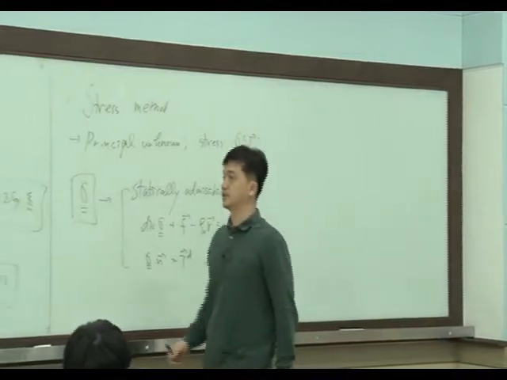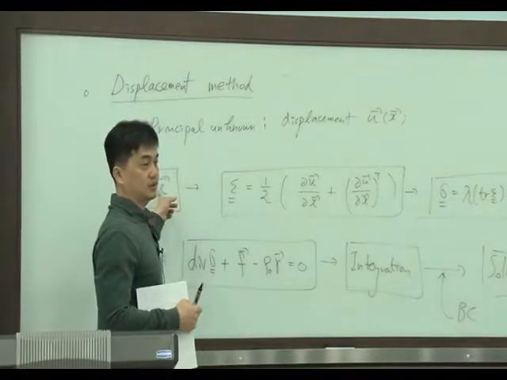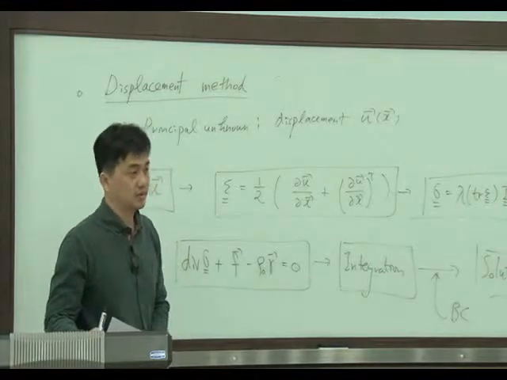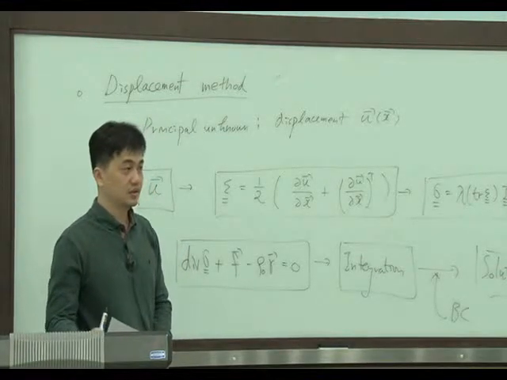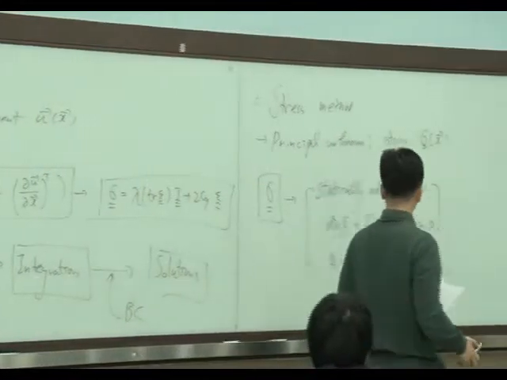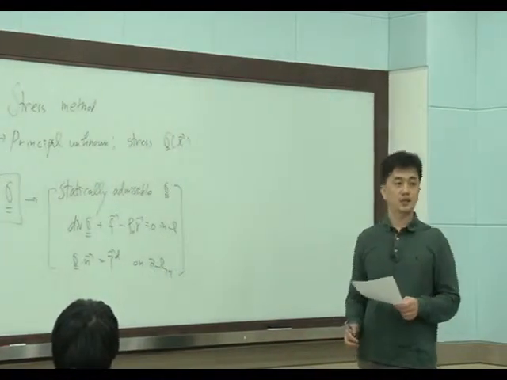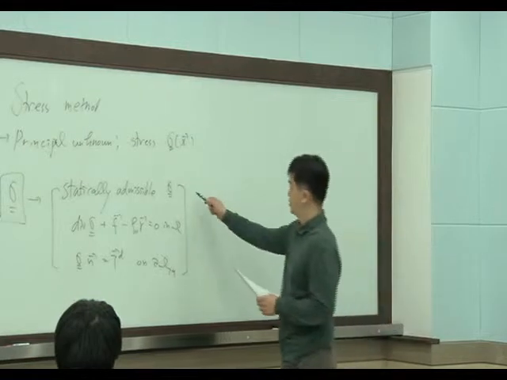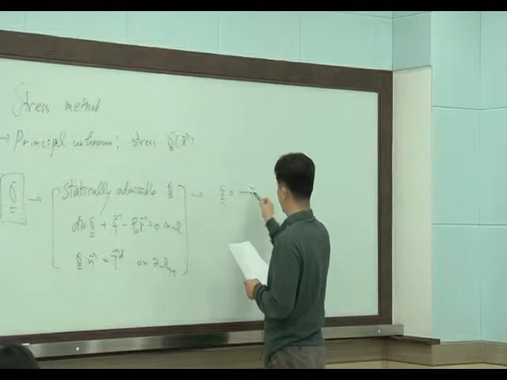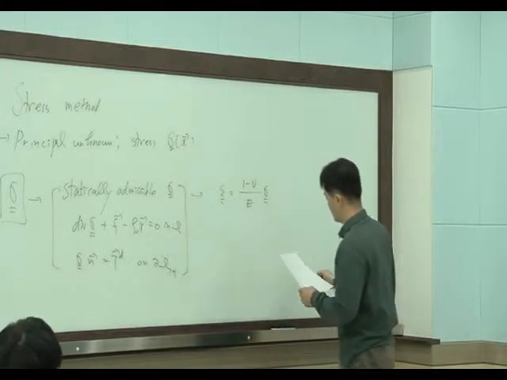Of course, in the displacement method, when we find the displacement field, it should be kinematically admissible, right? And so once we found the statically admissible stress field, we can calculate strain from the inverse relation between strain and stress.